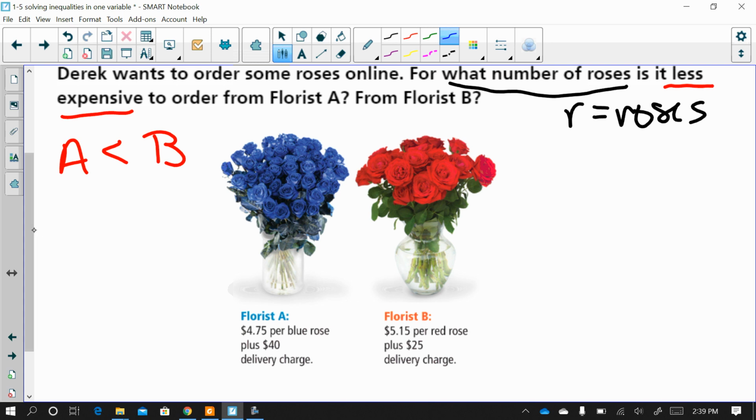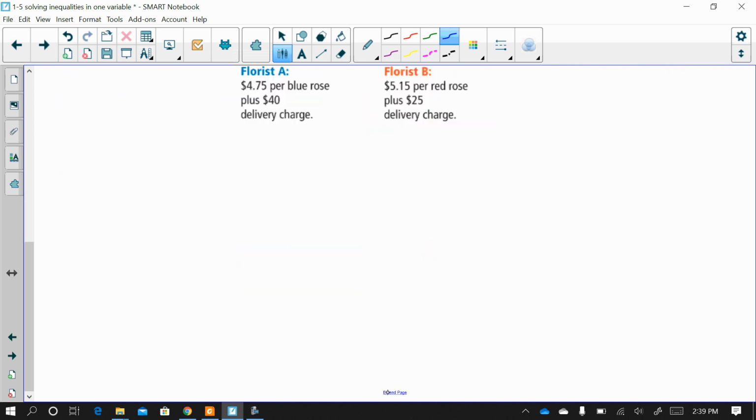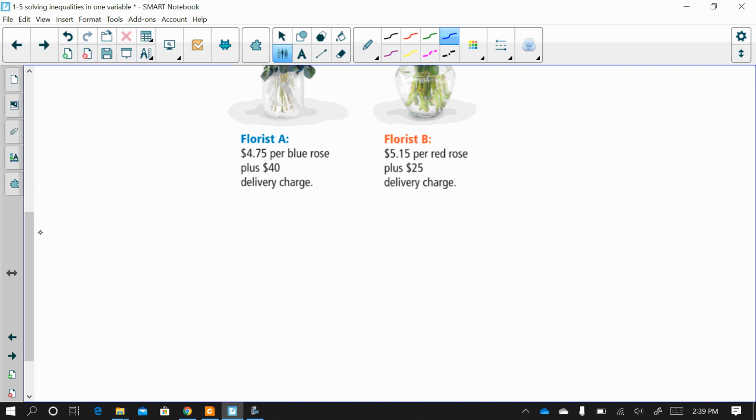Okay, so let's talk about florist A. $4.75 per rose plus $40 delivery charge. $4.75 times the number of roses, plus a $40 delivery charge.